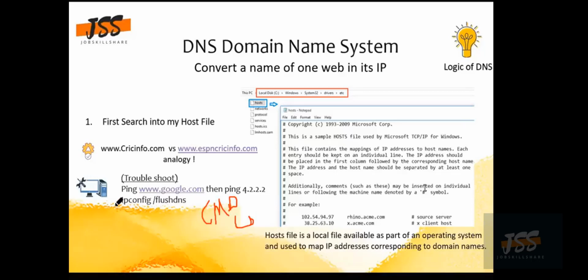So the solution for that: first try ipconfig /flushdns. If it is resolved, then it's good. If it isn't, then it means the problem is with your access point cache. Then you need to either restart it, or there is a reset button. If you are familiar with the configuration, then you can take this risk by just pressing the reset button, and after that, this problem will be solved.